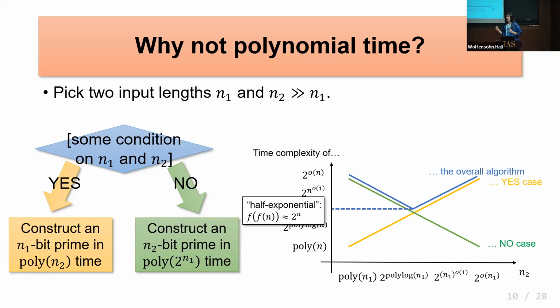And I guess this is also why Igor and Rahul stated their algorithms as sub-exponential time, not half exponential time, because that's easier to digest. Yeah, somewhere in between. So you can see that if you just use this win-win analysis, you cannot get quasi-polynomial time algorithm or even polynomial time algorithm.